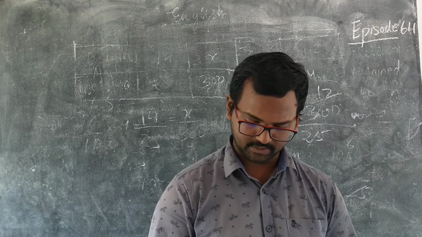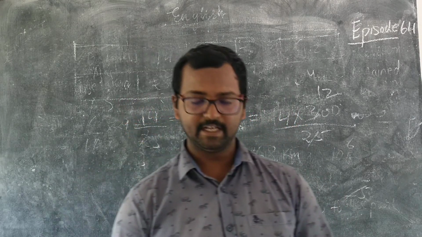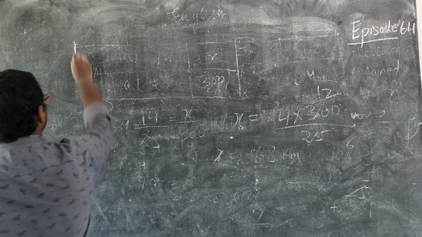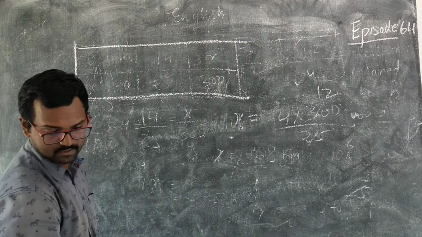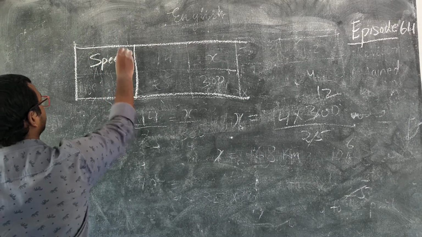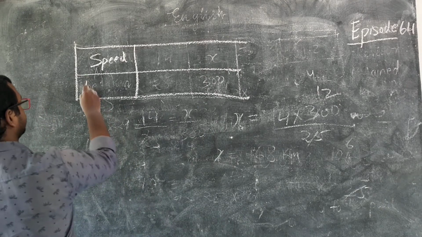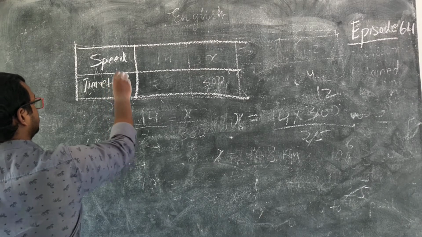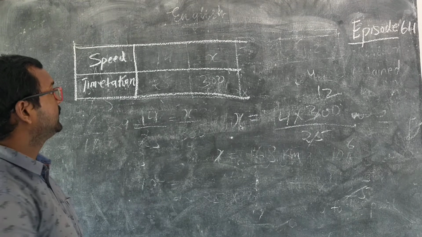So what happens in the inverse proportion is, see, on page number 209 there is an example given: speed in kilometers and time taken. Speed divided with time taken. So speed is how much?